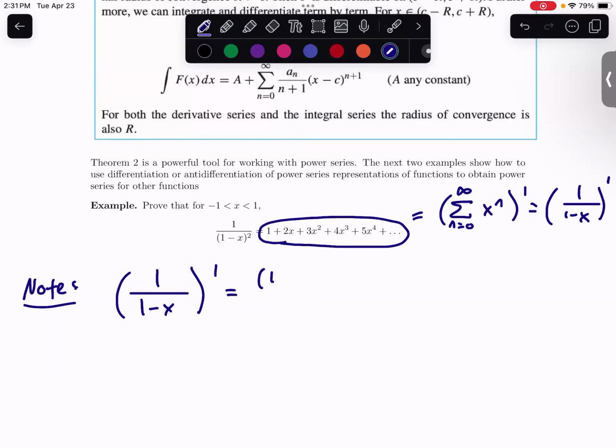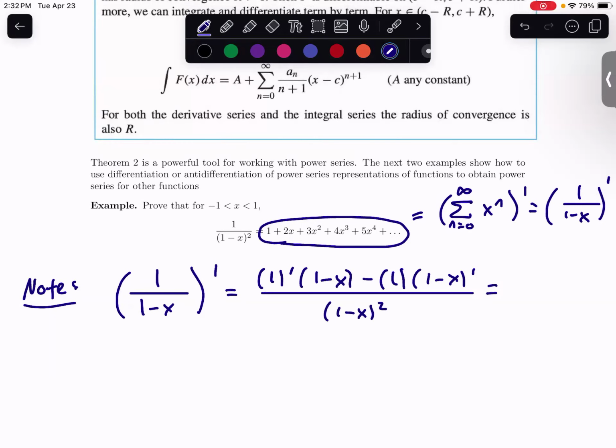So this is equal to the derivative of the top times the denominator minus the top times the derivative of the denominator, all over the denominator squared. So this will be (1 minus x) squared. The derivative of the top is 0, so you get 0 minus 1 multiplied by the derivative of 1 minus x, which is just minus 1. So this numerator just ends up being equal to 1, and so this ends up being 1 over (1 minus x) squared.